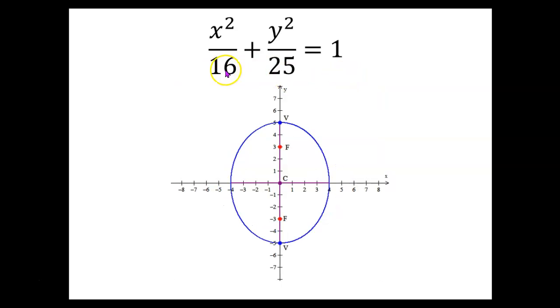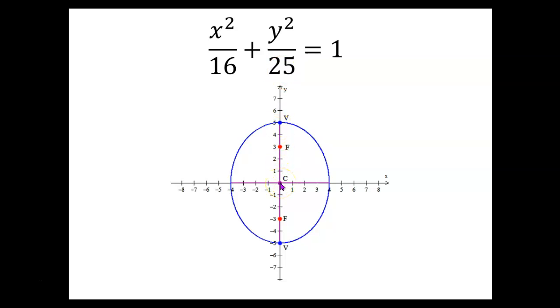But now it's the other way around. Now the 25, the bigger number, is under the y squared, and the 16, the smaller number, is under the x squared. So that gives us a vertical ellipse, an ellipse where the major axis still has length 10, but now it is vertical. So the number under the y squared is 5 squared.